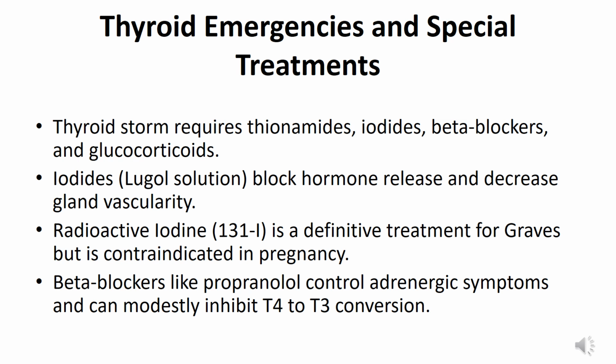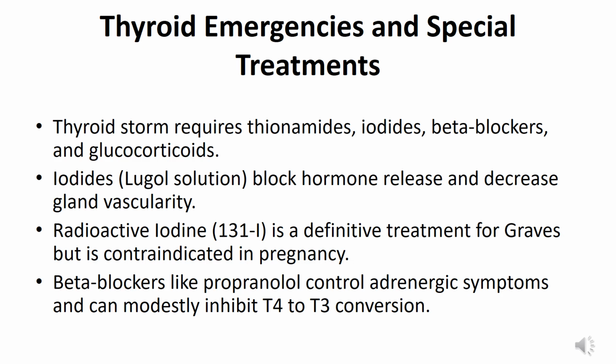Patients may develop severe tachycardia, high fever, agitation, delirium, vomiting, heart failure, and even cardiovascular collapse. Without urgent treatment, thyroid storm carries a very high mortality rate. Management requires multiple therapies working together at different steps of thyroid hormone production and action.